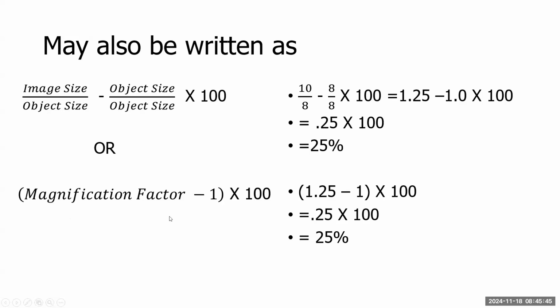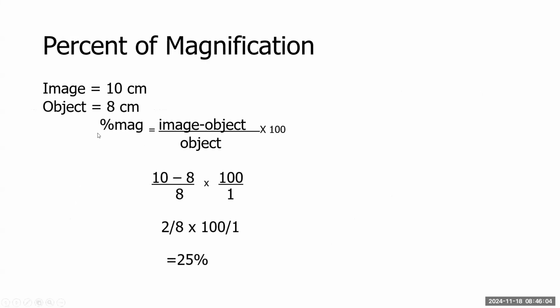Why does this work? Somebody tell me why this works. Why can we write object size over object size, assuming 1, right? And image size over object size is what? Your magnification factor. So all 3 of these formulas for percent magnification, if you broke the formula down, you would say image over object minus object over object, times 100, because anything in the denominator, you have to divide everything above that line by the denominator.